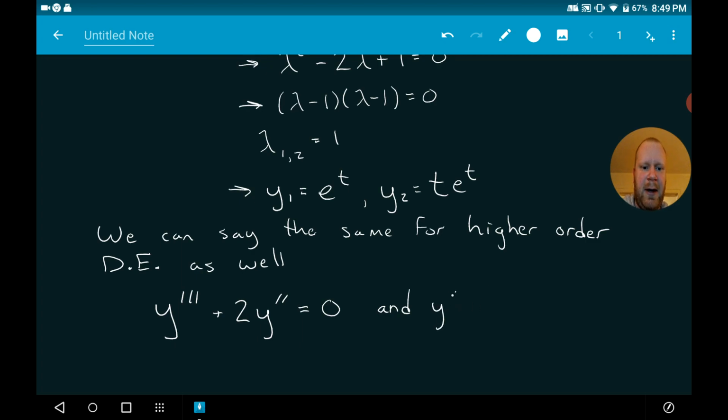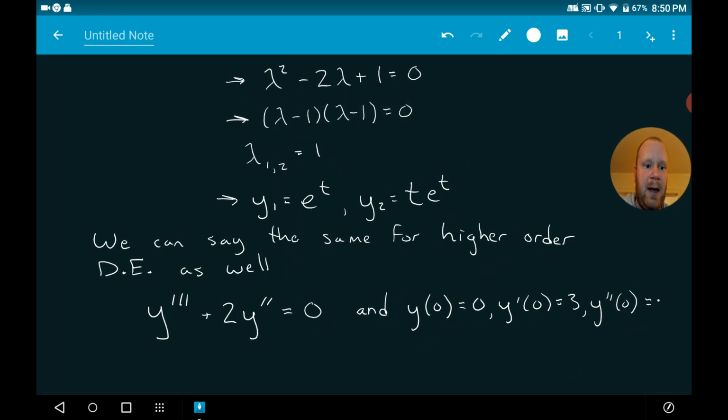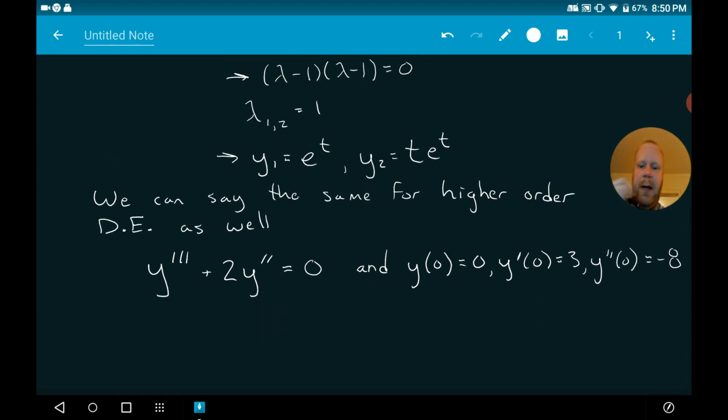So let's say I have y of 0 is equal to 0, y prime of 0 is equal to 3, and y double prime of 0 is going to be equal to negative 8. Okay. So it's a third order differential equation, so we need 1, 2, 3 layers of points in order to solve for C1, C2, and C3 here.